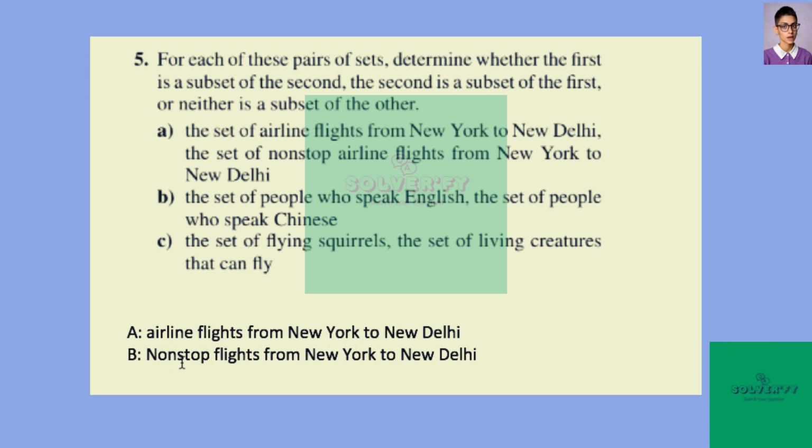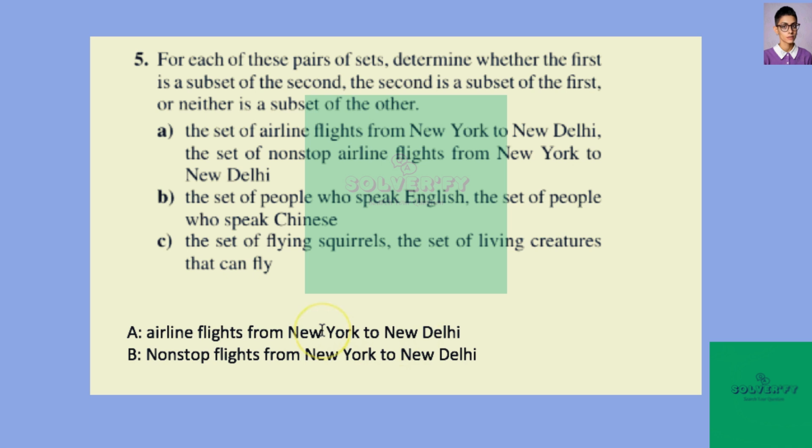that being said, I'm gonna define this as our set A is airline flights from New York to New Delhi. That means I'm going to define this as someone gets on in New York to fly and their final destination is New Delhi. So that's how I'm going to define it.